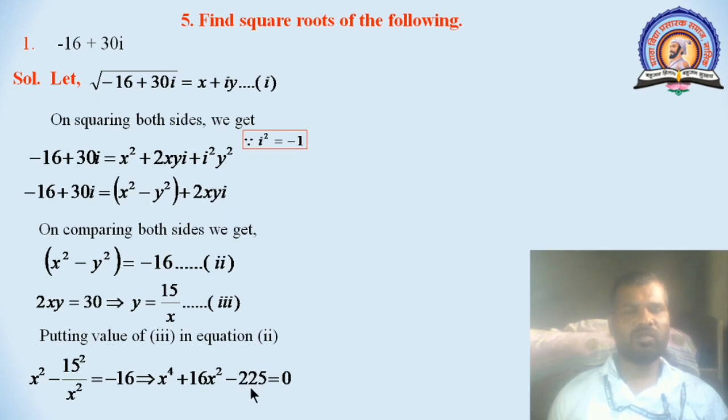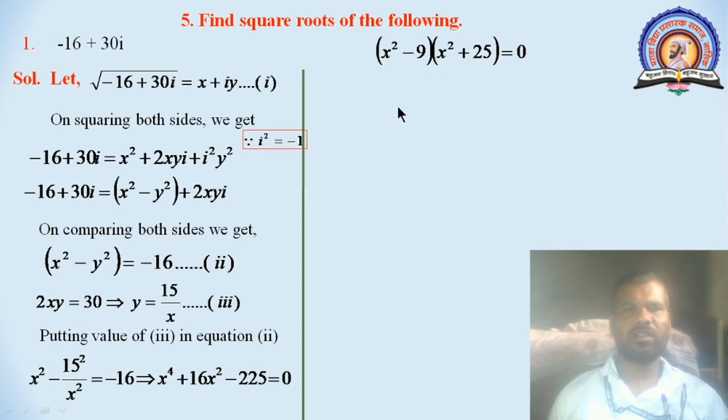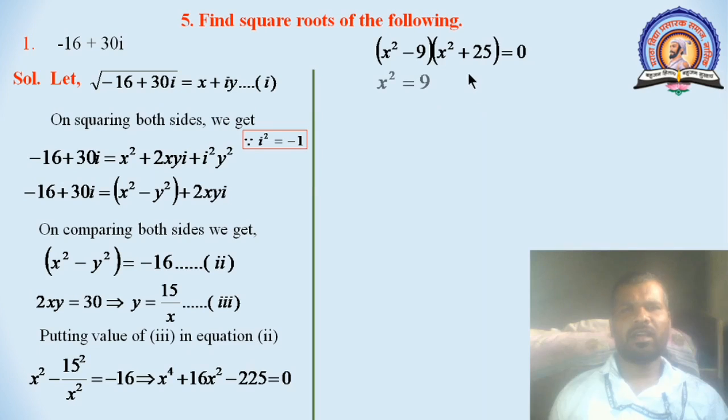Multiplication is minus 225 and addition is plus 16. The two terms are x square minus 9 and x square plus 25 is equal to 0. So the two brackets are equal to 0. Therefore x square is equal to 9 and x square is equal to minus 25. But x square is equal to minus 25 is not possible. Why? Because x is a real number.